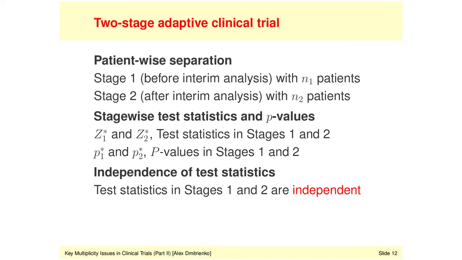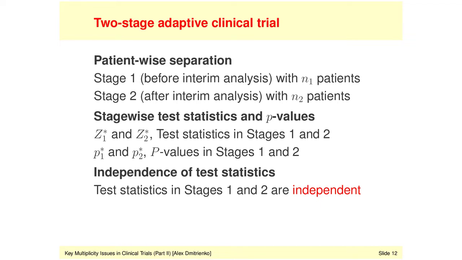To compute stage-wise test statistics and p-values, it's common to consider so-called patient-wise separation schemes. What happens here is that the trial's dataset is partitioned into two non-overlapping subsets that are referred to as the stage 1 dataset and stage 2 dataset.